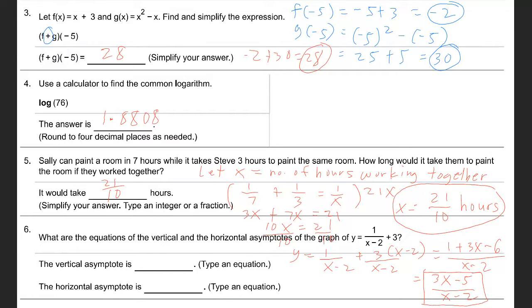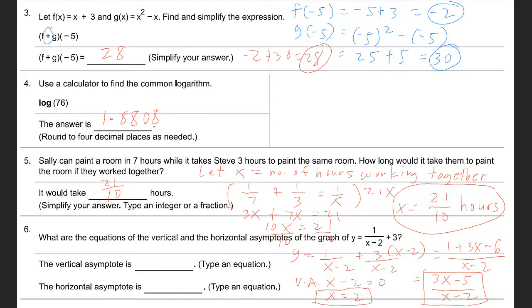So our vertical asymptote would be: set the bottom equal to 0, so x minus 2 equal to 0. Solving for x, x is equal to 2, and that would be our vertical asymptote.